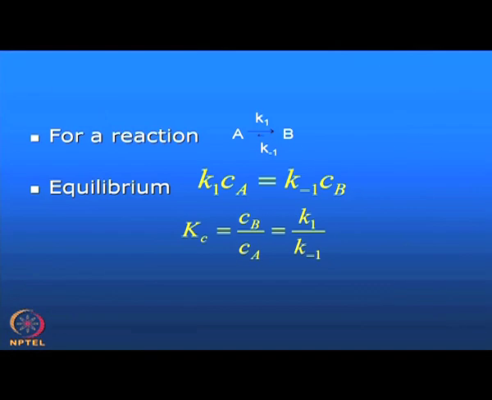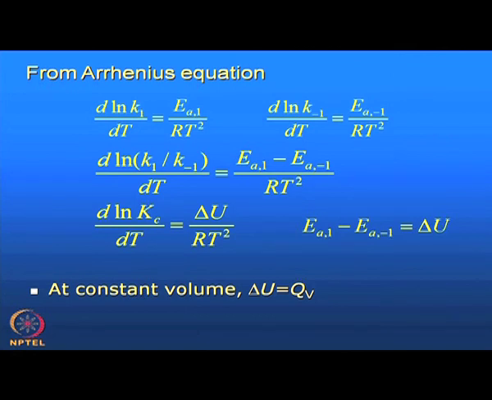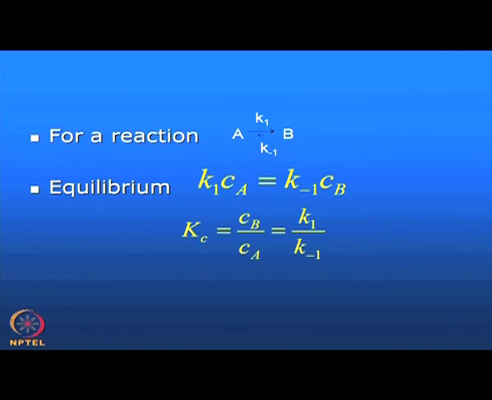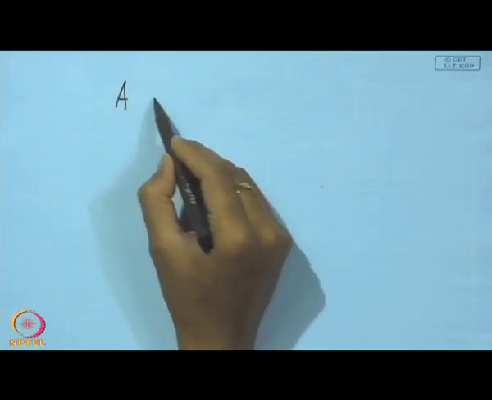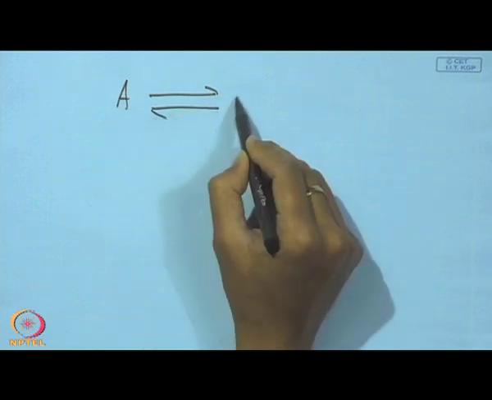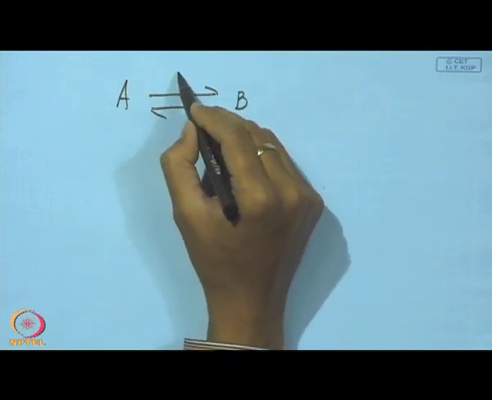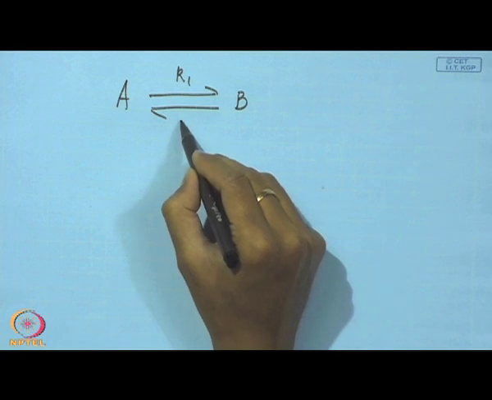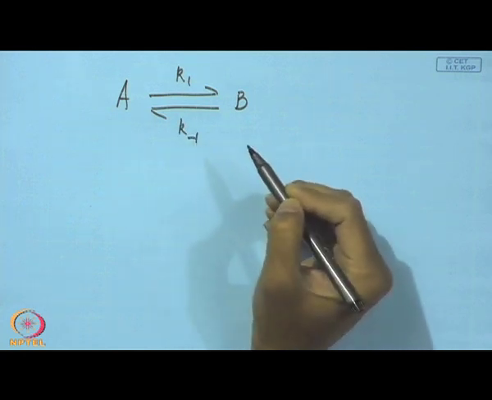Now, let us move on to our next slide, that is the application of the Arrhenius equation in a reaction where chemical equilibrium is established. So, let us start with a reaction, say A to B. The forward reaction rate constant is K1 and the backward or reverse is K minus 1.